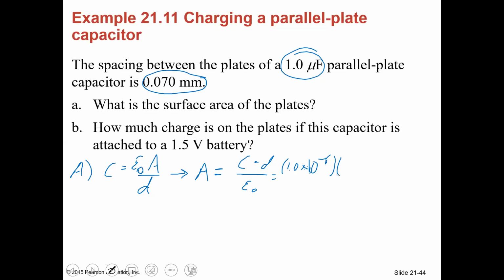So 7.0 times 10 to the negative 5 meters, all over epsilon 0, 8.85 times 10 to the negative 12.